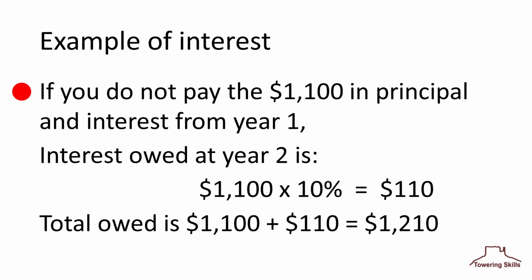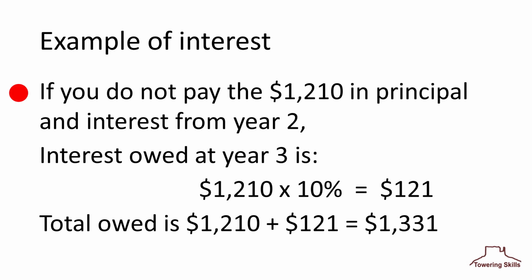Now, suppose you do not repay the principal nor the interest from year 1, but keep the money for a second year. The interest will continue to accumulate both on the principal and on the unpaid interest. So you owe $1,100 times 10%, which equals $110 in interest for year 2, and you add this to the new principal of $1,100. Thus you owe $1,210.